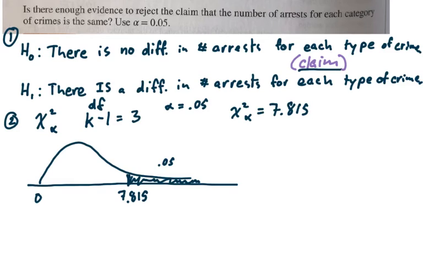And if our test statistic lands in this region here, we would say reject the null hypothesis and say that there is evidence to suggest that there is a difference for the number of arrests in each type of crime. And if not, if our test value is in this region here, then we would say, well, we can't reject the null hypothesis, so we're not seeing any difference in the number of arrests for each type of crime.